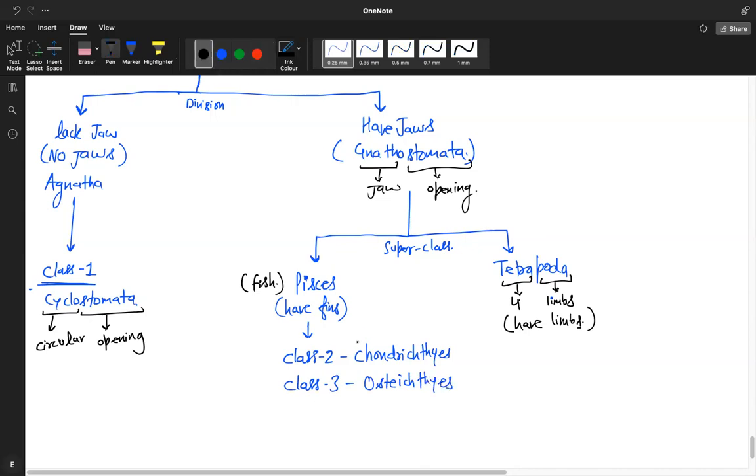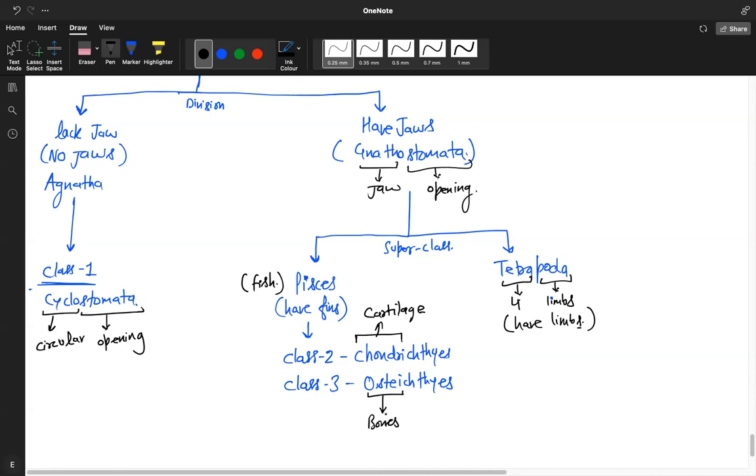The word chondro is for cartilage, so these are cartilaginous fishes. And the word osteo is for bones, so these are bony fishes.